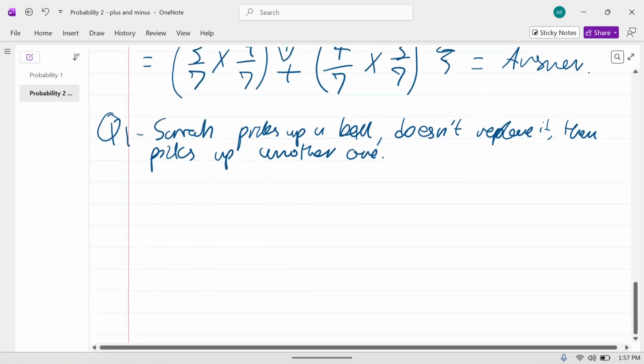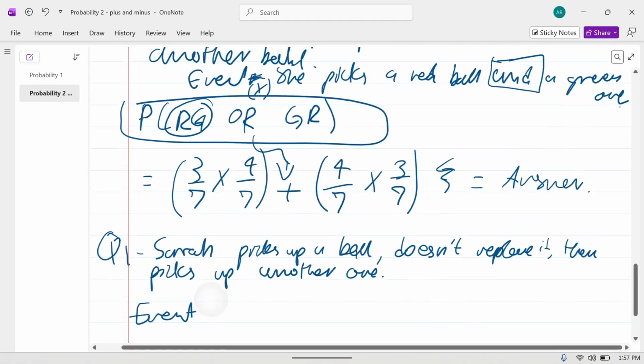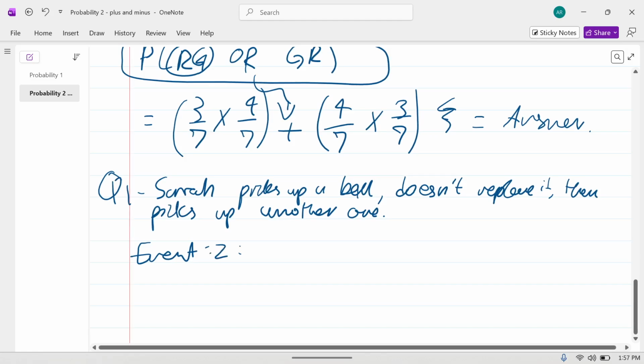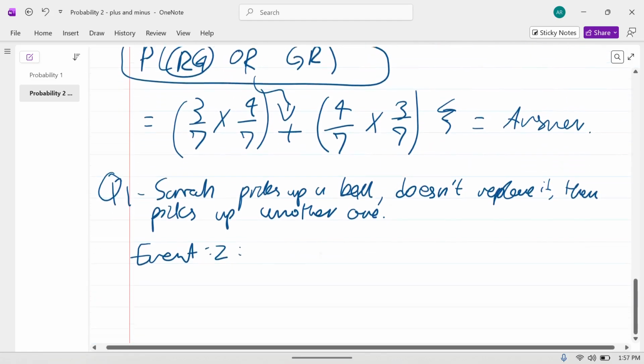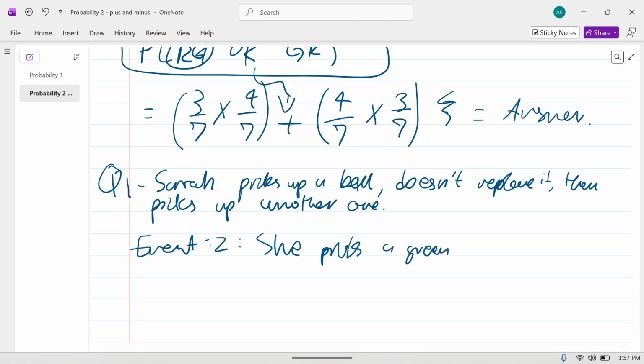So she picks up a ball, doesn't replace it, then picks up another ball. The event this time is going to be, let's call it Z, right? Now look. Again, we're just going to write the same thing. She picks up a green one and a red one.